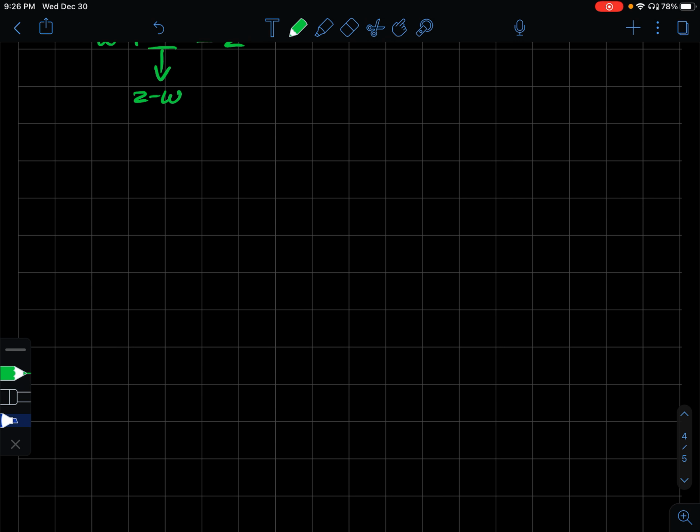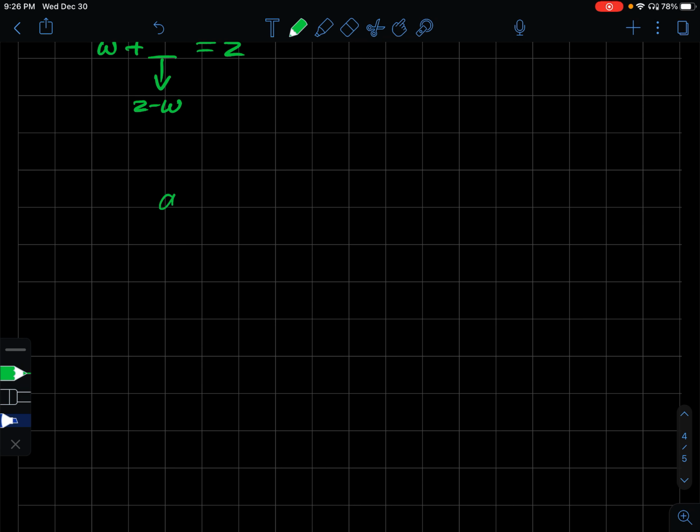So, in other words, if you have the complex number a plus bi and you want to subtract c plus di, this corresponds to the point a comma b, and this to c comma d. The essential idea is from a you have to go c down, and from b you have to go d down.